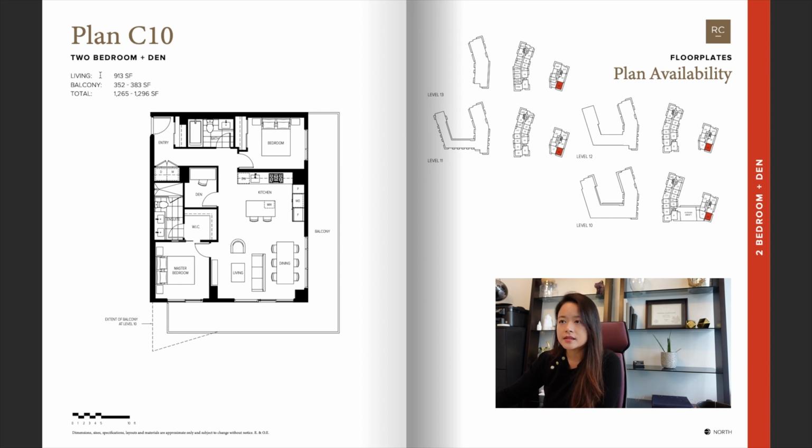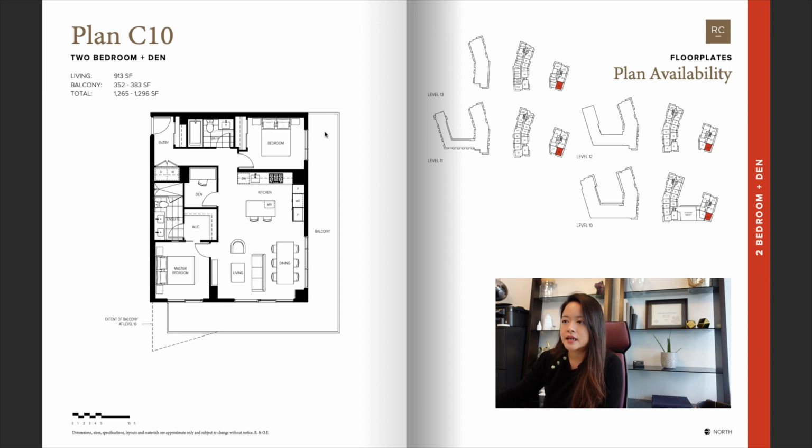In this case, the developers at Richmond Center have called the interior square footage living space. That's because that's the livable space that you can purchase. So anything within these walls right here would be considered your living space, which means the 913 square feet would all be in here.